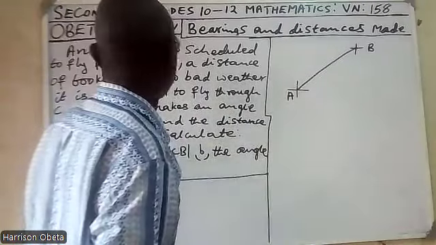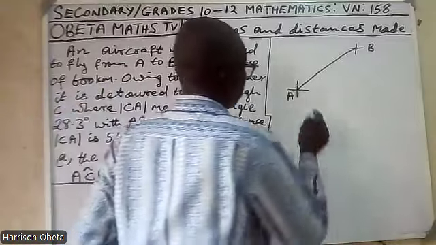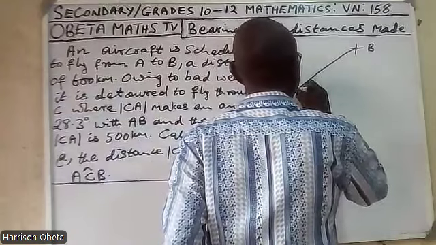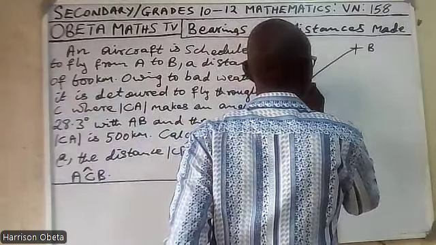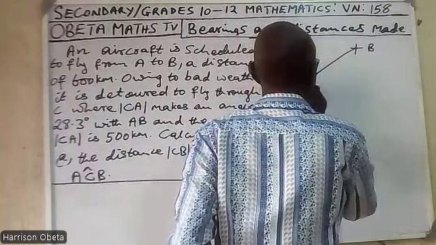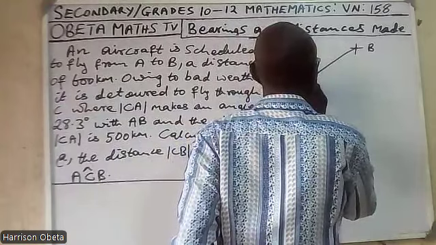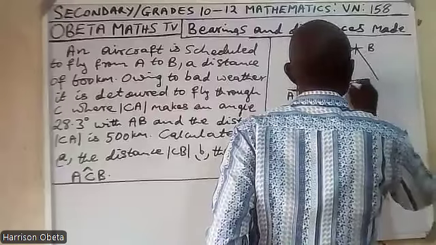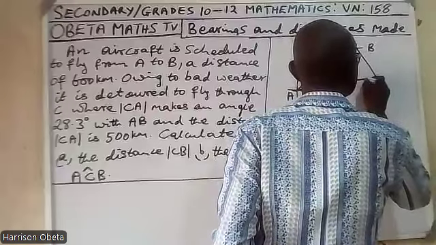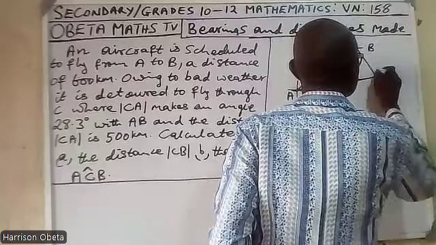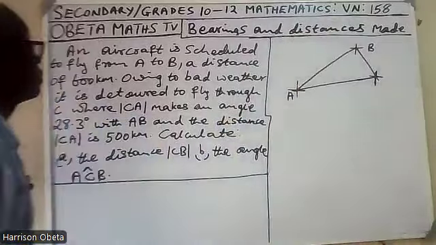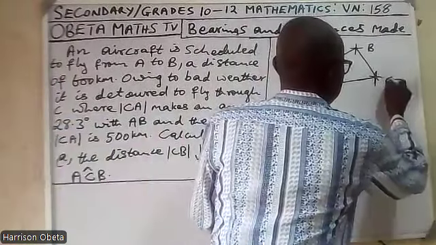So CA makes an angle this. So it means we have to check, assuming we have this. Okay. And now we are taking this to be our C.